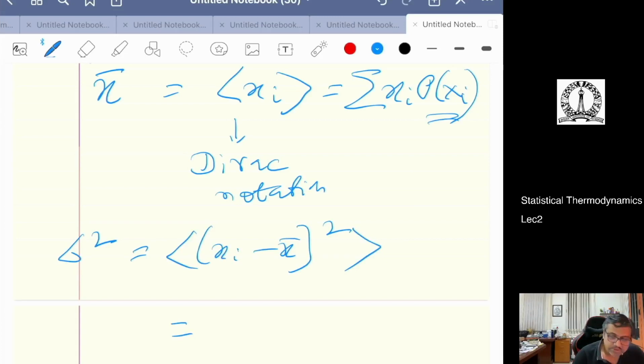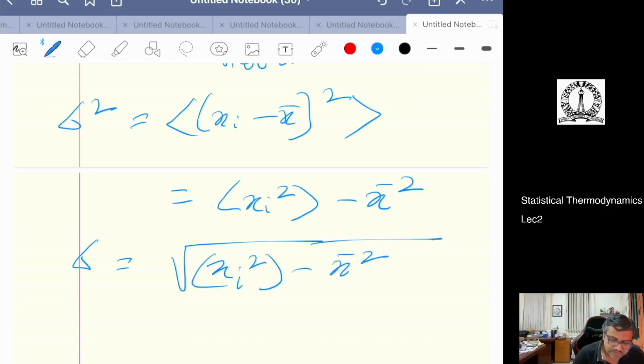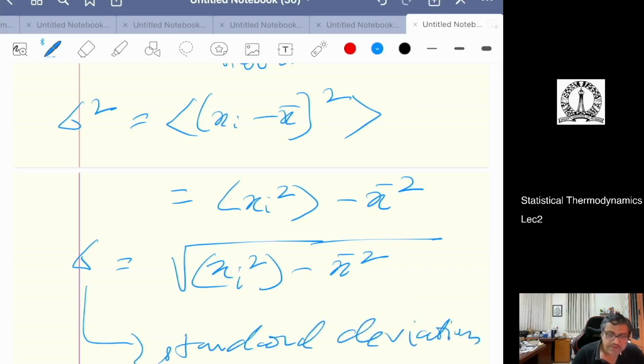So this can also be written as xi square bar minus x bar square, and a subset of that, which is called the standard deviation, is essentially the square root of this entire thing, xi square bar minus x bar square. So this is what we call the standard deviation, and that was the variance.